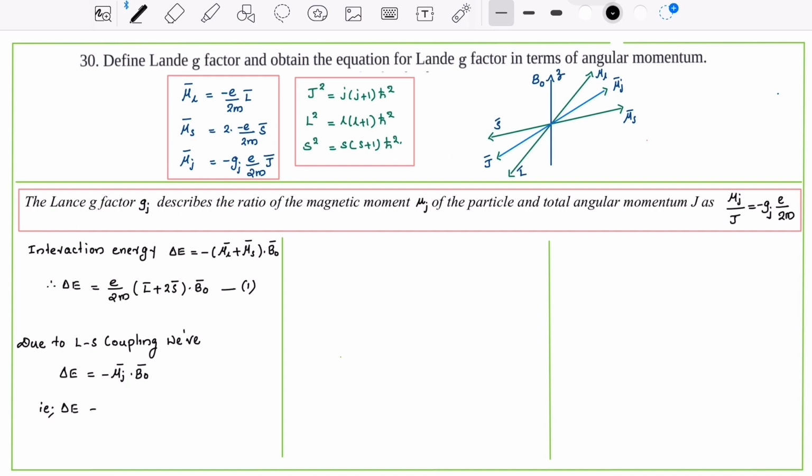Minus gj e by 2m into J. Therefore, delta E becomes e by 2m gj J dot B0, where gj is the Landé g factor. Now, from 1 and 2, we can say that vector L plus 2S is equal to gj J. This is the first very important equation we are obtaining.